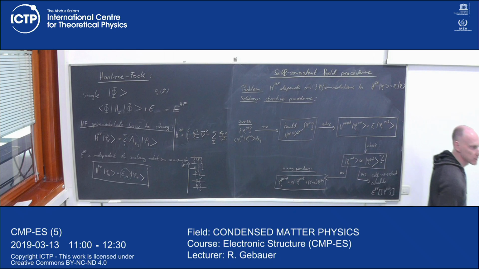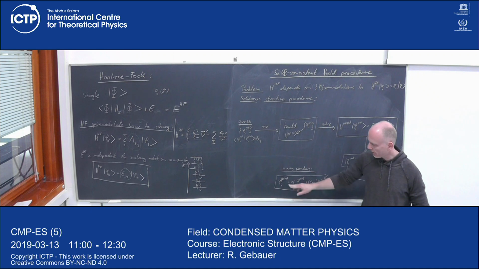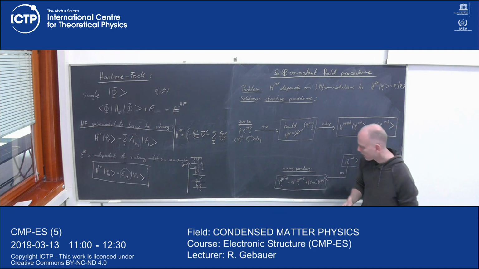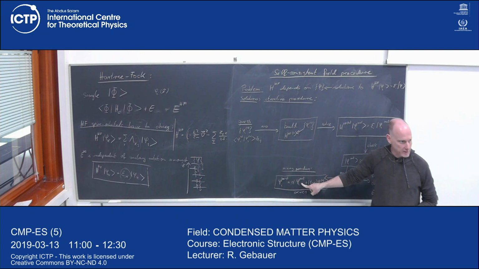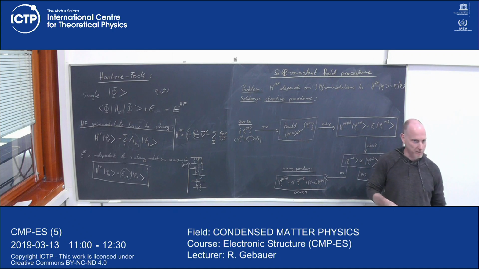There are many more sophisticated mixing procedures, but they all have in common that as a next guess, one does not take just what comes out, but a little fraction of it. Alpha is a number between 0 and 1. One takes a little part of what one has just obtained, and the other part from what one had before. So one keeps some memory of what you had before.